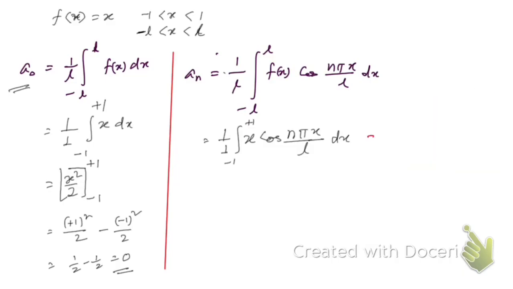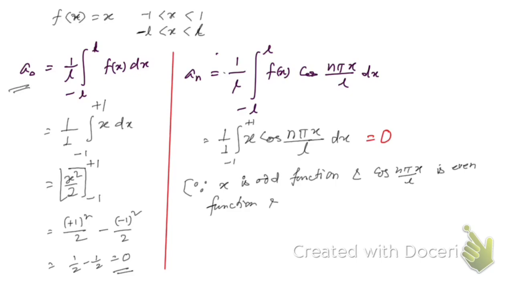So without integrating, we can write 0 directly, because we can say that since x is an odd function and cos n pi x by l is an even function, their product is an odd function. So that's why we have got 0 here.